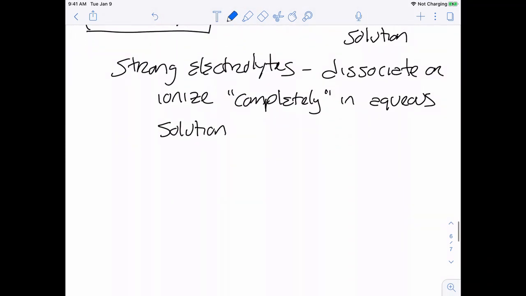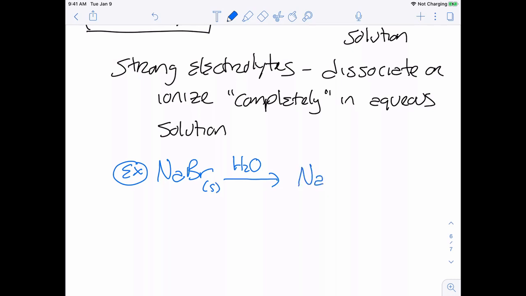An example of something that would be a strong electrolyte, we could use sodium bromide. If I was to take sodium bromide and then put it in water, so I'm just putting water above the arrow showing that I'm taking my solid sodium bromide and putting it into water, it's going to separate into sodium ions, which are now aqueous because they're in water, and bromide ions.